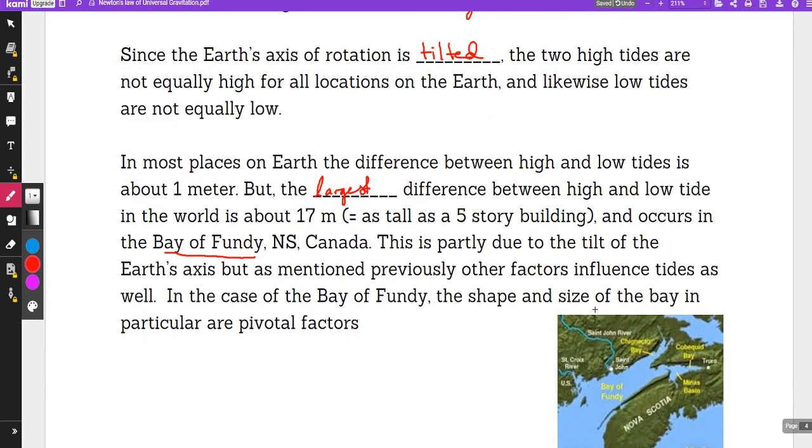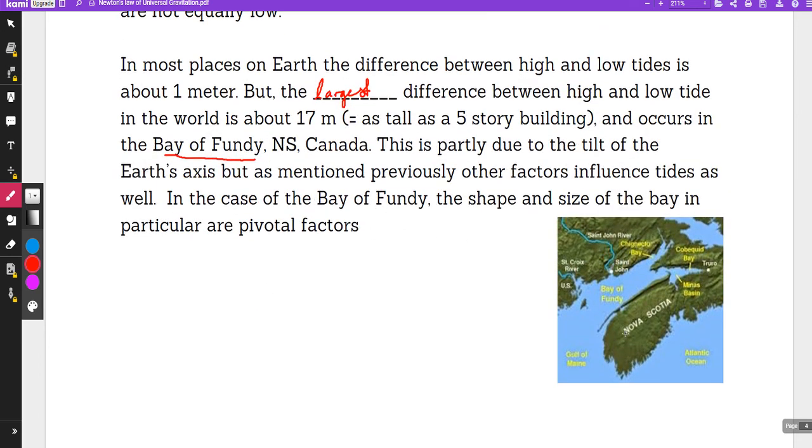This is partly due to the tilt of the Earth's axis, but as mentioned previously, other factors influence this case as well. The shape and the size of the bay in particular are pivotal factors, and if you're interested in that, there's 100% a forum video that you should go watch and check out, and if you're not in my class, go Google the Bay of Fundy stuff. It's super, super cool, and I've never got to see it, but I've heard amazing things about it.